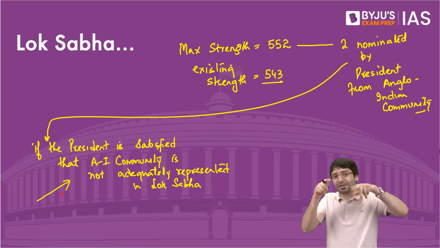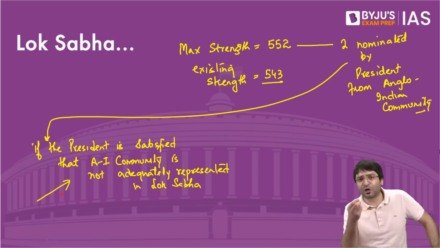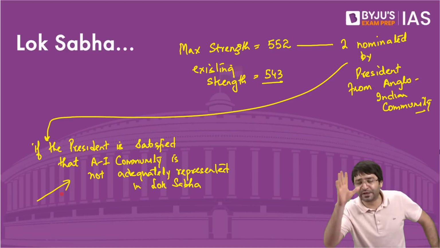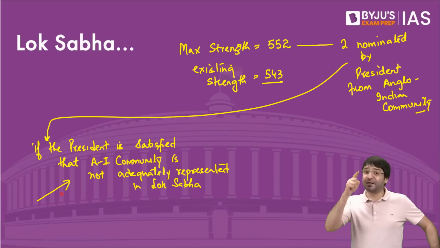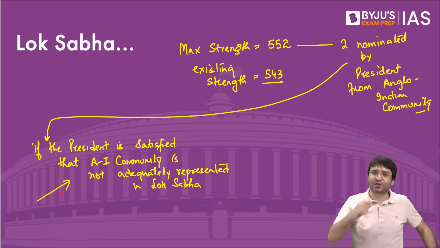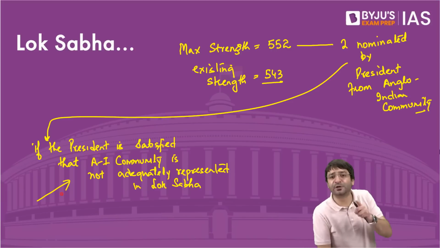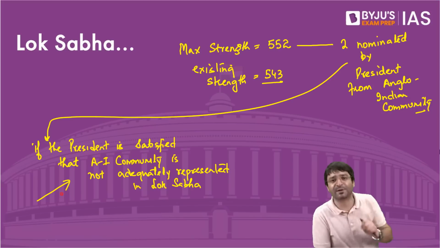The Constitution said if the President is satisfied that this Anglo-Indian community is not sufficiently, adequately represented in Lok Sabha, then the President may nominate 2 members from the Anglo-Indian community to Lok Sabha. Which means it was not mandatory for the President to nominate these 2 MPs to Lok Sabha.